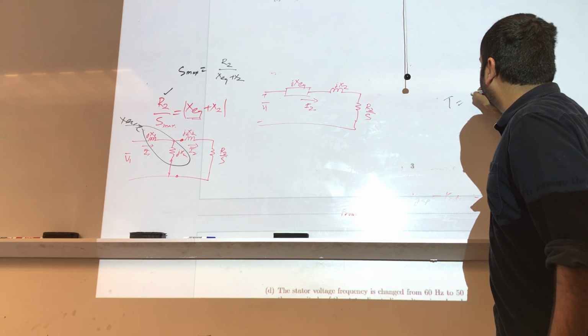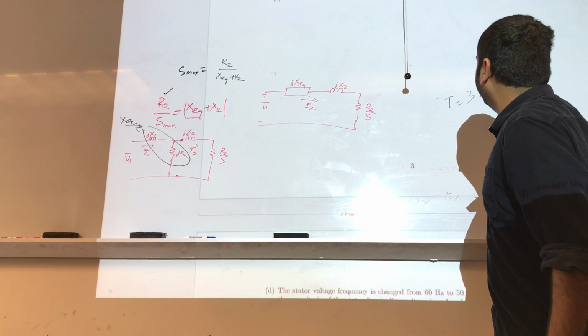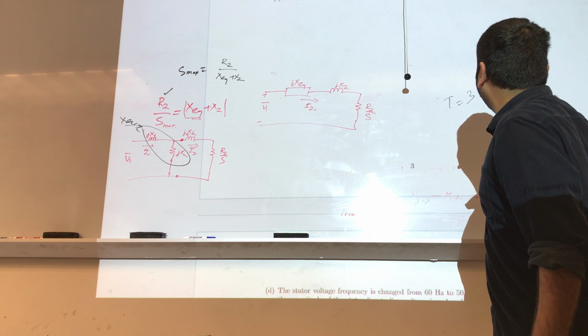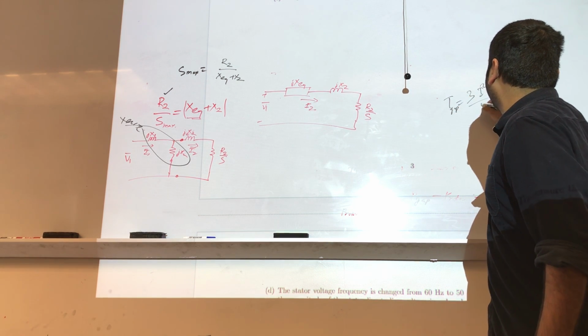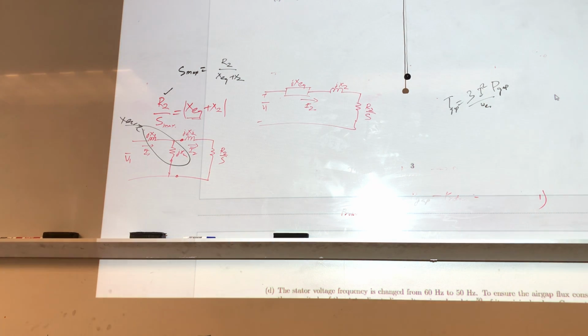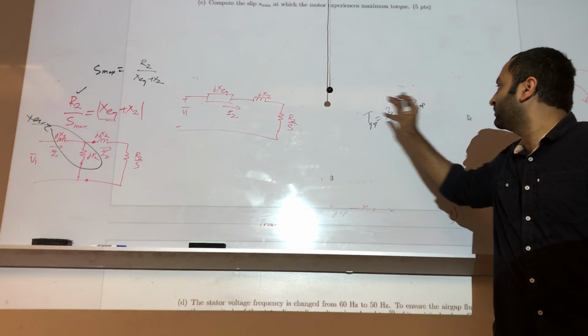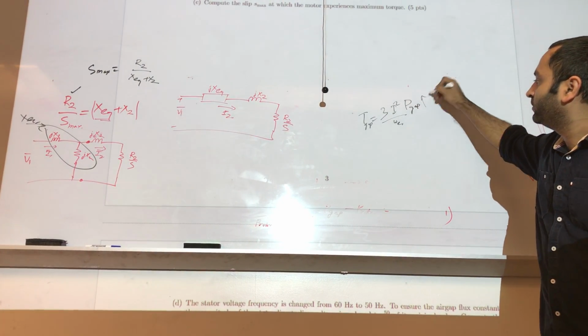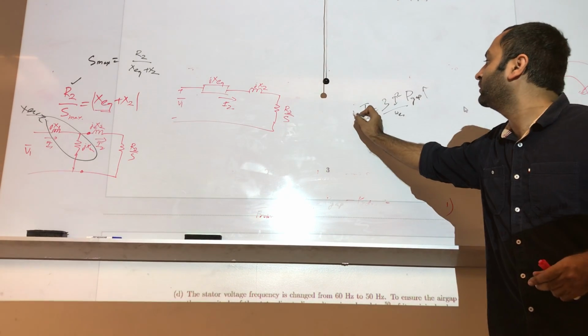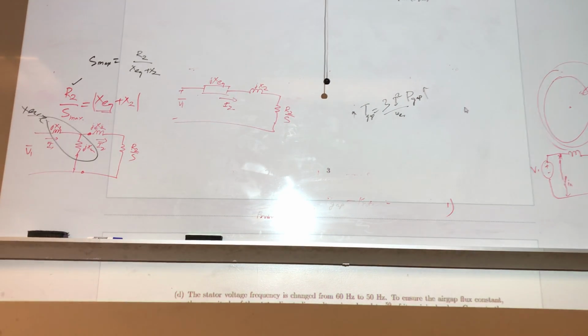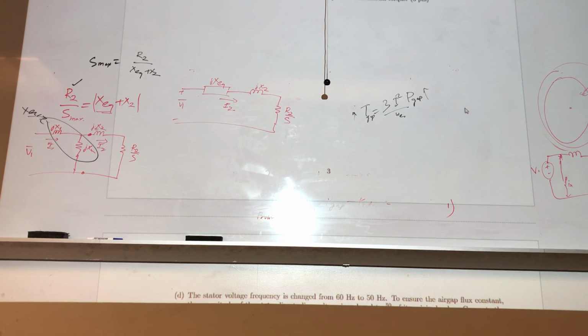Torque is nothing but 3 I squared R divided by omega, right? So to get the T max, you should have power maximum. So the slip cannot be different for both. Yeah, but I can see the book.